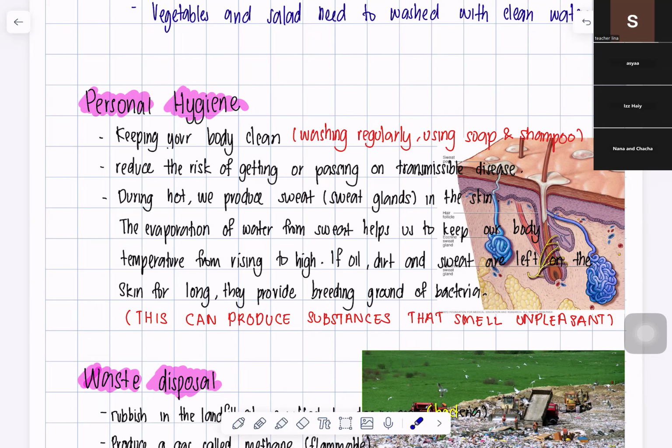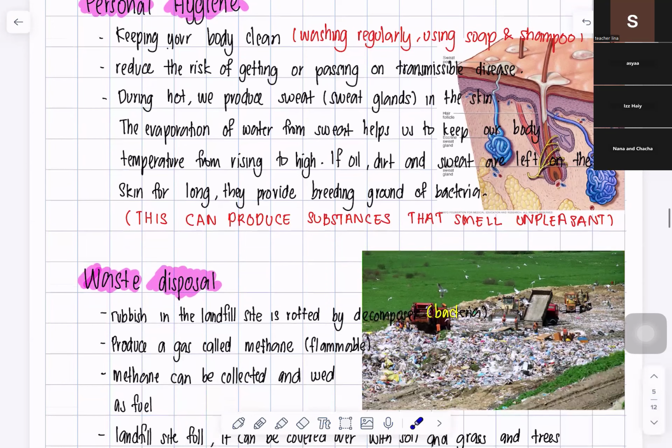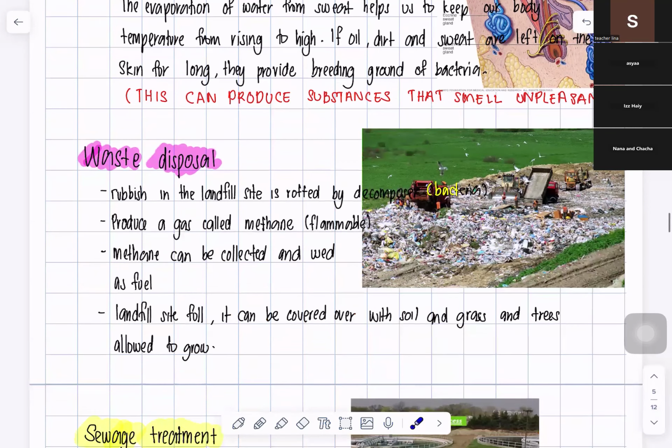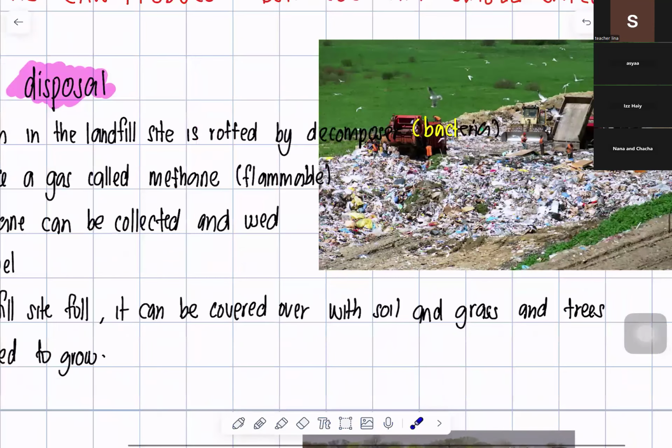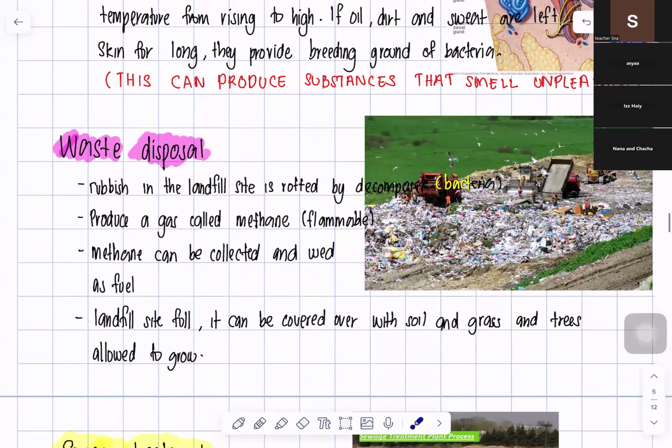Okay, now we go to the waste disposal. Rubbish in landfill. Landfill sites are where decomposers, which are bacteria, produce a gas called methane. It's flammable.